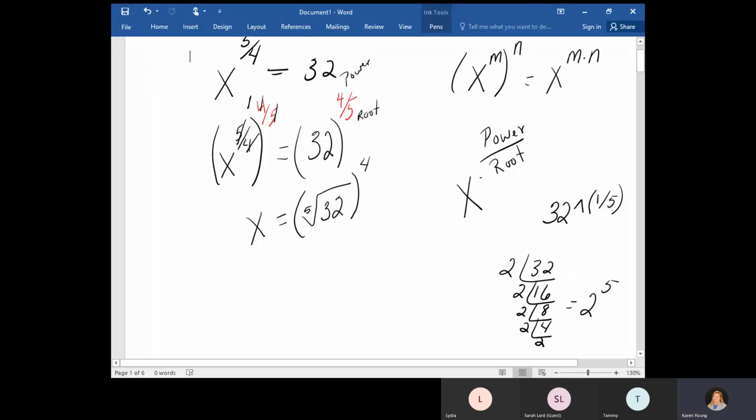So the 5th root of 32 is going to be 2. And I'm going to raise that answer to the 4th power. 2 to the 4th power is 2 times 2 times 2 times 2. 2 times 2 is 4, times 2 is 8, times 2 is 16. So then x is 16.